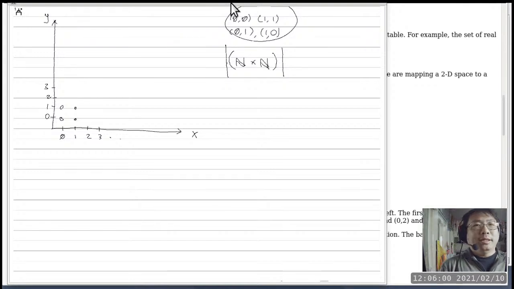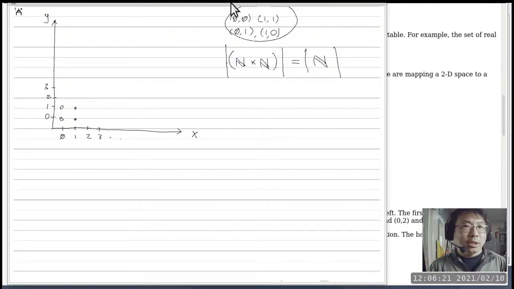And hopefully by the end of today's lecture, we'll see that this really is the same thing as the cardinality of just natural numbers, which is kind of surprising, right? Because we can sort of see how integers can be folded into natural numbers because they're single-dimensional to begin with.